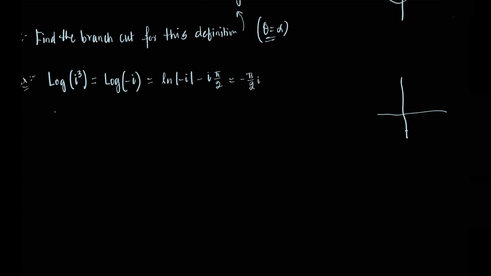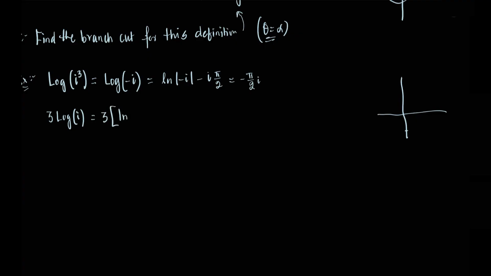Now, we know from real variables that log of a to the power n is nothing but n log of a. Of course a is positive, we're assuming all that. From real variables we know this happens, right? So what is happening here? Let's look at 3 times the principal log of i. What is the principal log of i?